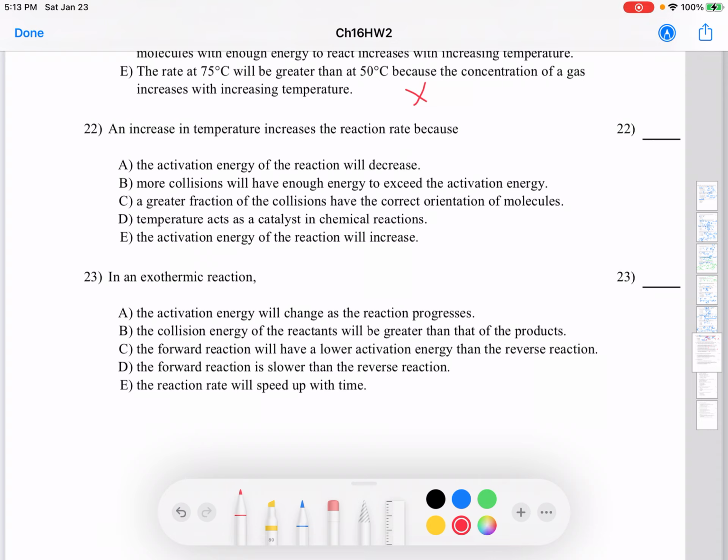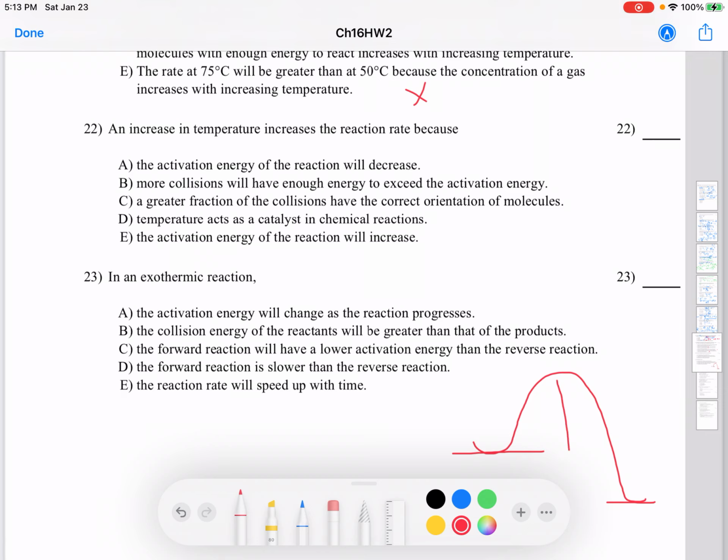Number 23, in an exothermic reaction, activation energy will change as the reaction progresses. That's not right. The collision energy of the reactants will be greater than that of the products. That's not correct either. The forward reaction will have a lower activation energy than the reverse reaction. That is true because it is an exothermic reaction, meaning that the energy of the products is going to be lower.